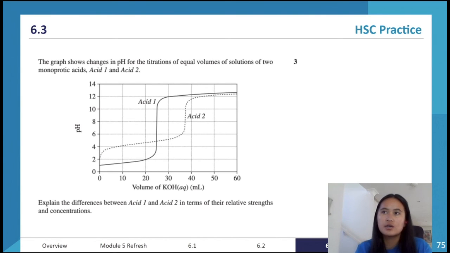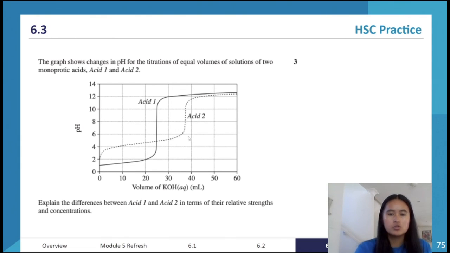Here is another HSC practice question. It says that you have these two different graphs and then explain the differences in terms of relative strengths and concentrations. So we can see that acid 2 has the buffer region right here, which means that it is weak compared to acid 1. In terms of the concentrations, you need to look then at how much volume was required. So both were monoprotic, which means both were at a 1-to-1 ratio with KOH.